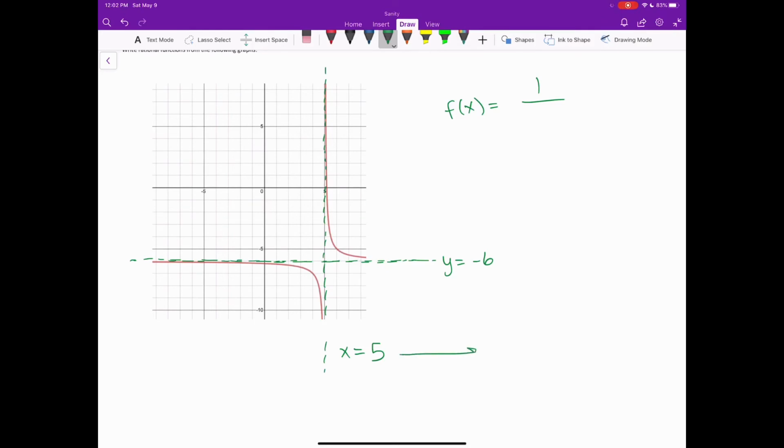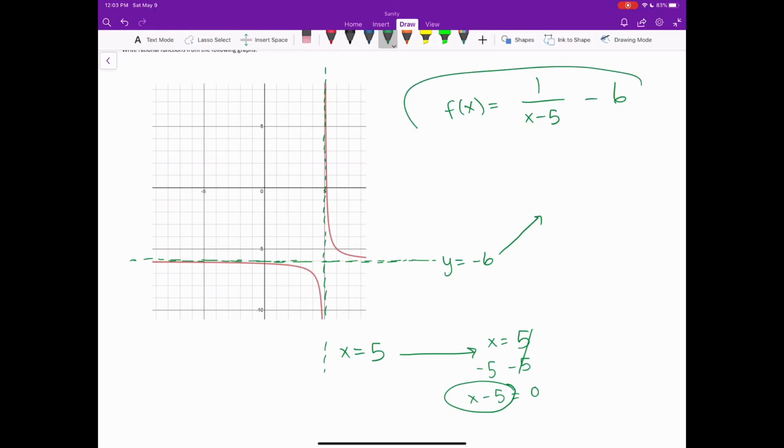If I've got x equals 5, how would I figure that out so it's set equal to 0? Well, I'm just going to subtract 5 from both sides, and that gets me x minus 5 equals 0, right? Those cancel out. So now I can see my denominator is set equal to 0 here. My denominator has to be x minus 5. And then my horizontal asymptote, y equals -6, I'm just going to add that onto the end as minus 6, that vertical shift down, and there would be my function, all right?